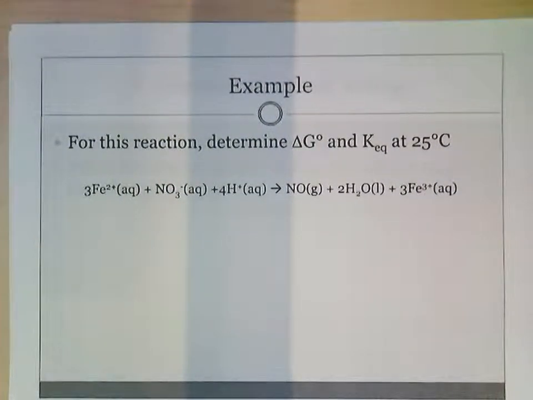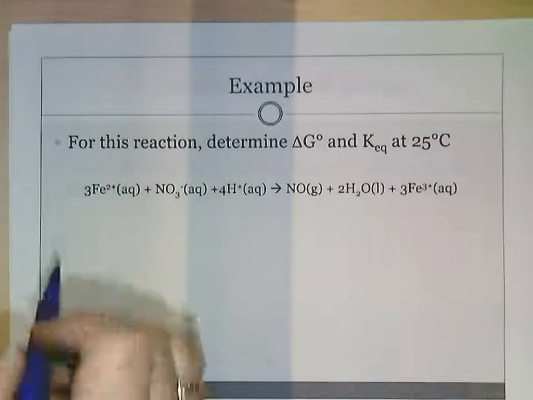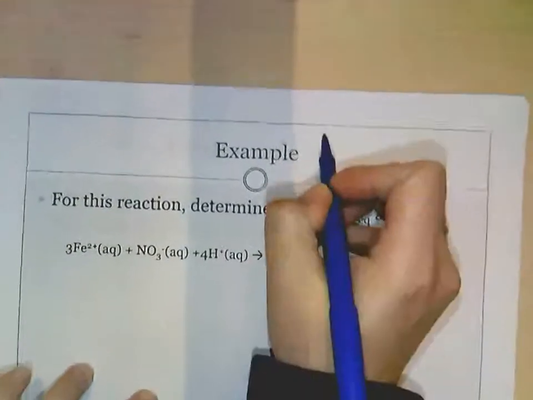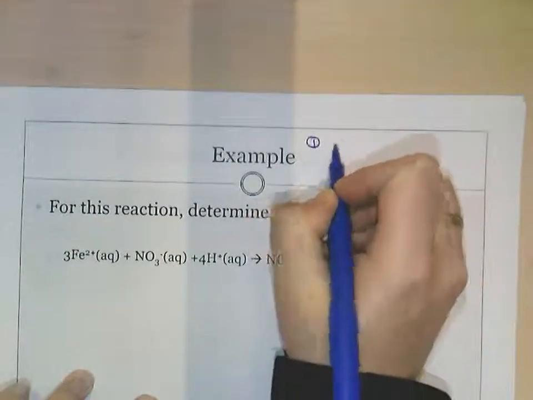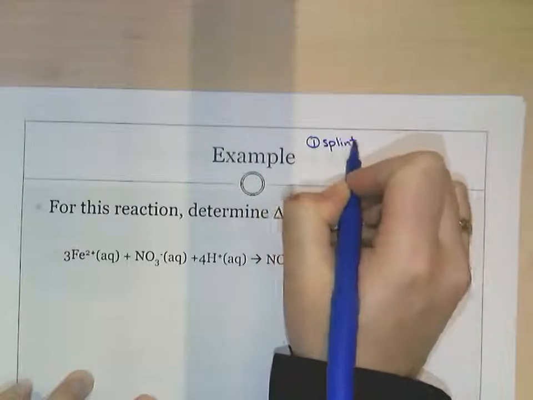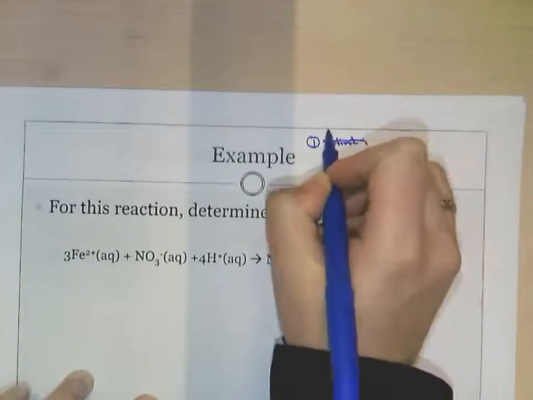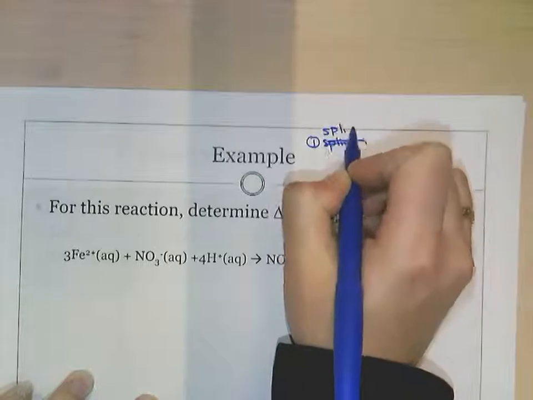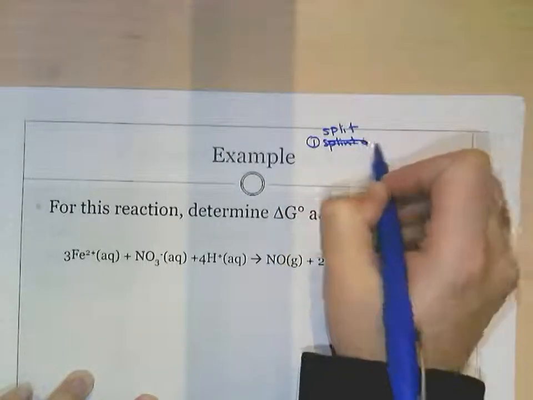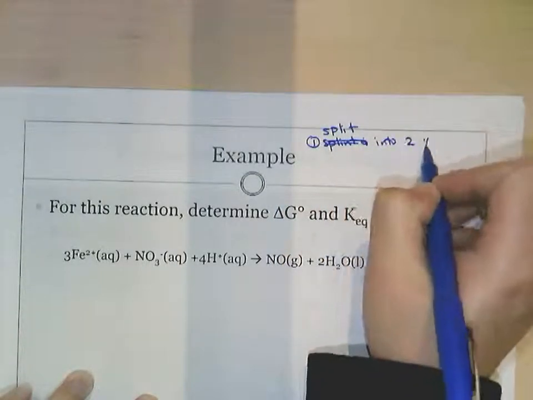All right, so here I have an equation that I would like to determine the Gibbs free energy and the equilibrium constant for. All right, so our methodology for these types of problems will have a few steps. Split into two half reactions.